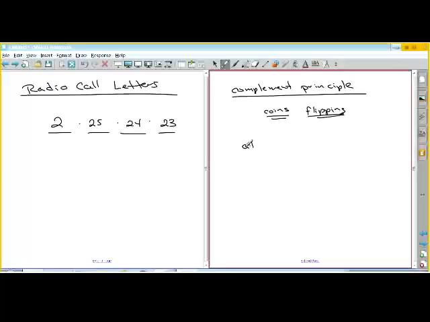So it was the use of the words at least. So at least one head. And what we did is we found the opposite of that. At least one head, the opposite is no heads.